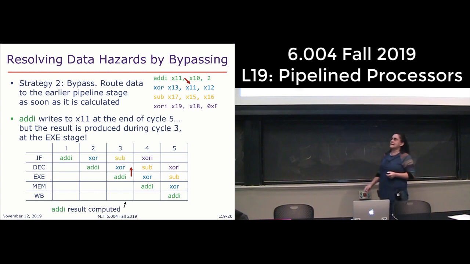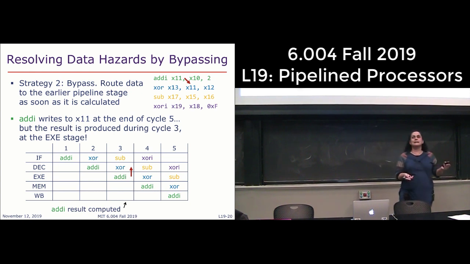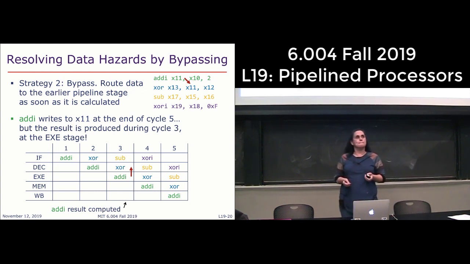In that way, it's able to read the updated value of X11 sooner, rather than after cycle 5. So we're able to keep our pipeline full by using this bypass mechanism and thus reduce our CPI back down to 1. Okay, everybody see that? Great.